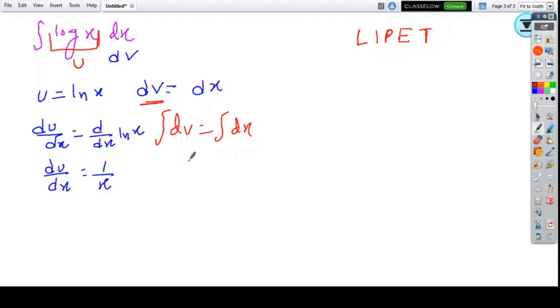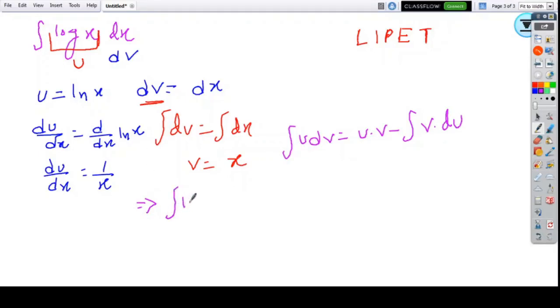So this will produce v is equal to x. Now I am going to write the formula and put in the values. The formula is what? The integral of u dv is equal to u dot v minus the integration of v with respect to du.